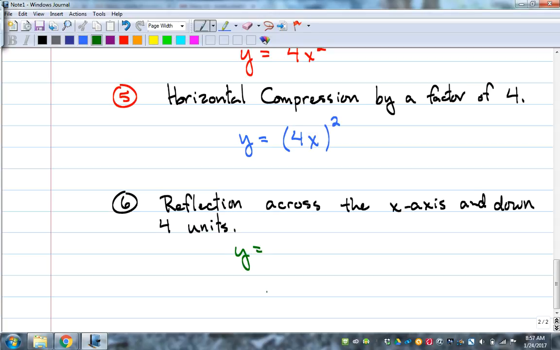Got more than one thing happening here. So if we're going to reflect across the x-axis, what do we multiply the outside by? A negative. So it's negative x squared, and then we're going down 4 units. So that would be minus 4. That's it.